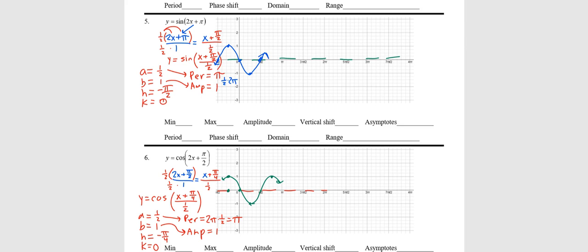Can you answer that? I gotta vote for yes. See, this one crosses through the 0. Yeah, it looks like that's been moved over pi over 4. That's been moved over. Hey, it has the same period. I think it is.